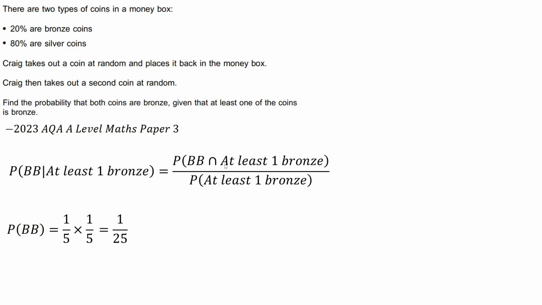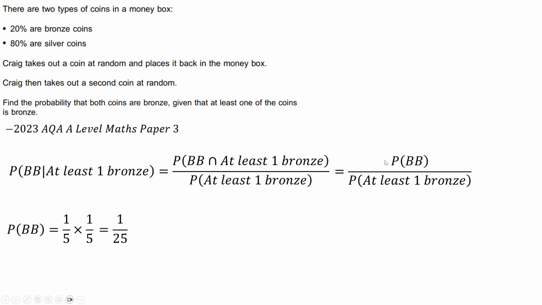So this here we can actually just replace with the probability of bronze, because this is encompassed within this. I'll just say that one more time. If I told you that I take out 2 bronze coins, and I also tell you at least one of them is bronze, you'd think, that's obvious, because you took out 2 bronze coins. I didn't need that second piece of information, because it was already told within the first one.